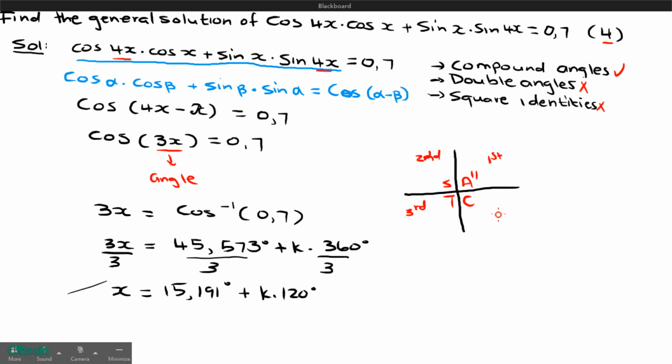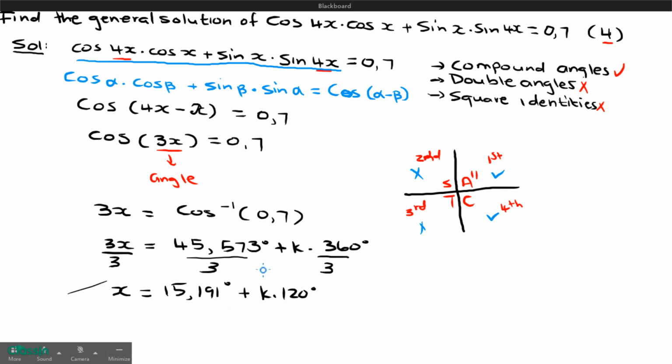And in the fourth quadrant, only cos is positive. So we find our solution where cos is positive, in the fourth quadrant and in the first quadrant. In the second and third quadrants, cos is negative.